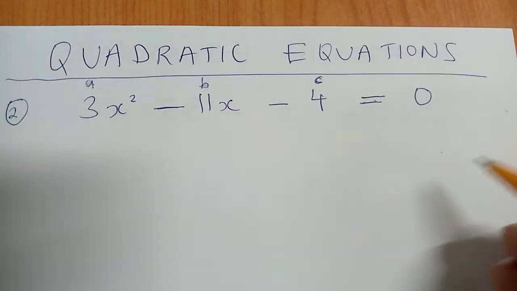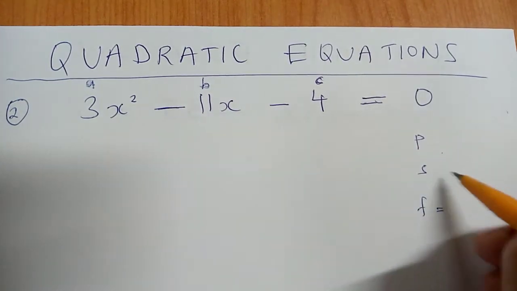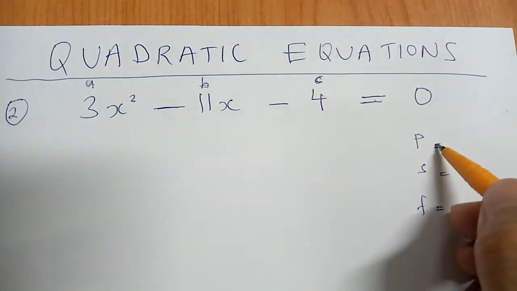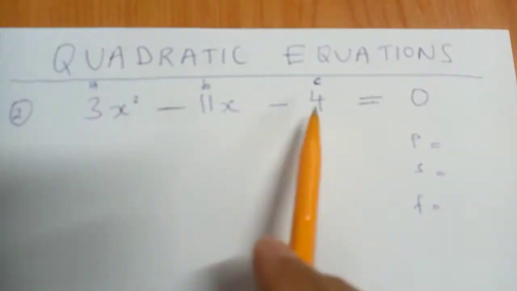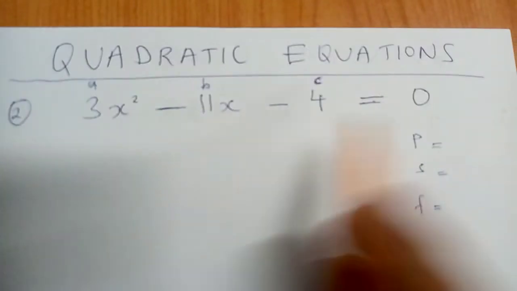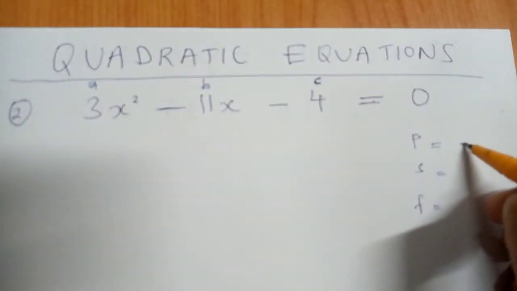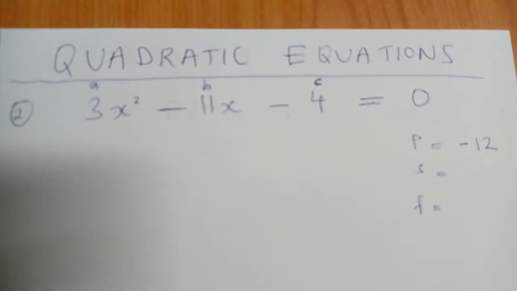We're going to factorize using the product, sum, and factor method. Our product is a times c, which is 3 times 4. Our 4 had a negative, so it will be 3 times negative 4, which is negative 12. What is our sum?